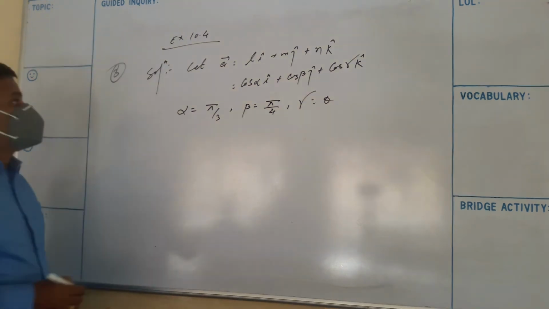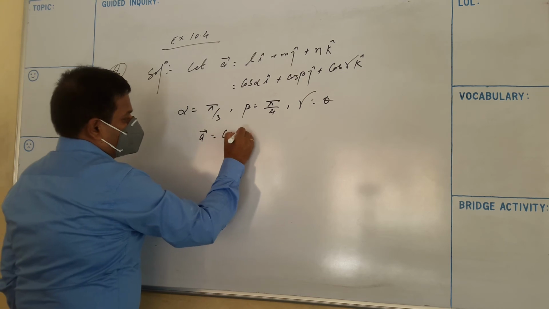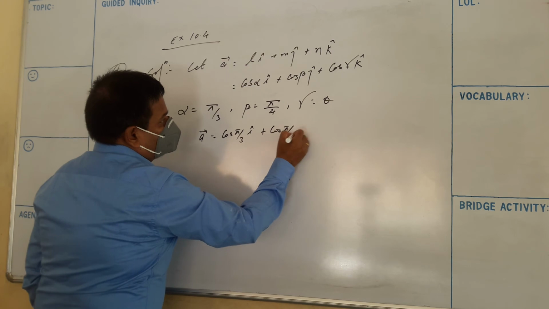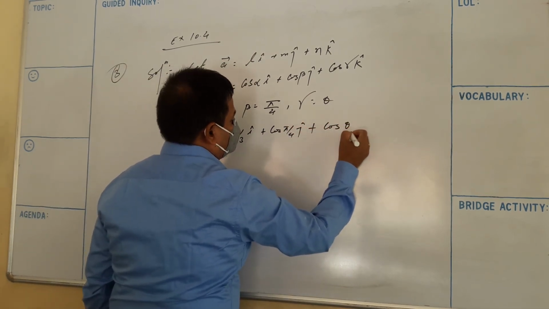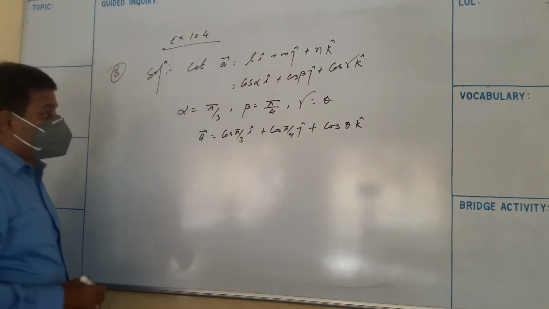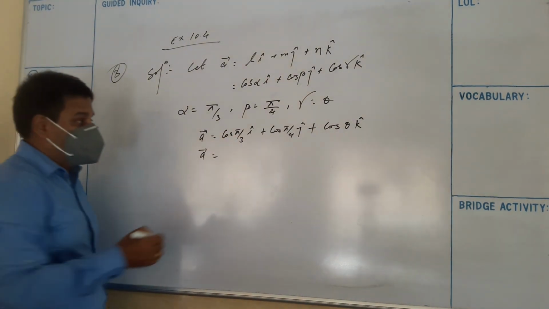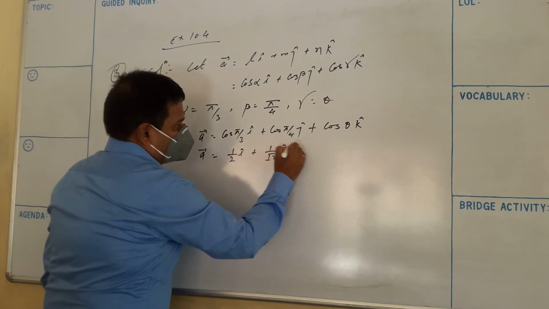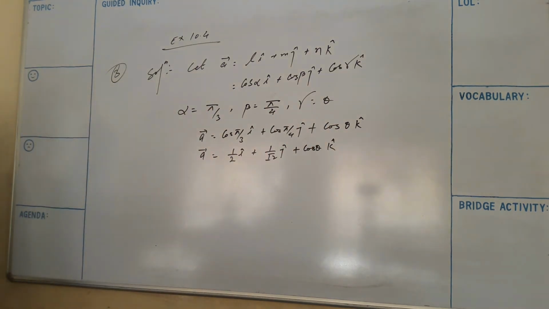Clear? So vector A is equal to cos pi by 3 i, cos pi by 4 j plus cos theta k. Okay? So vector A is equal to cos 60 degree, 1 by 2 i, 1 by root 2 j and cos theta k. Clear?